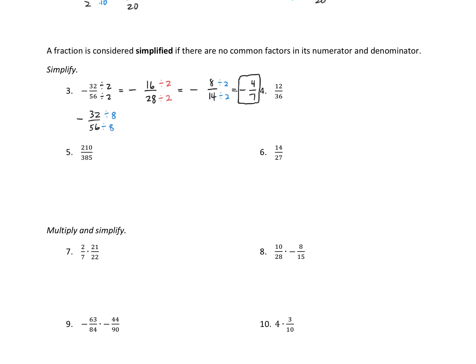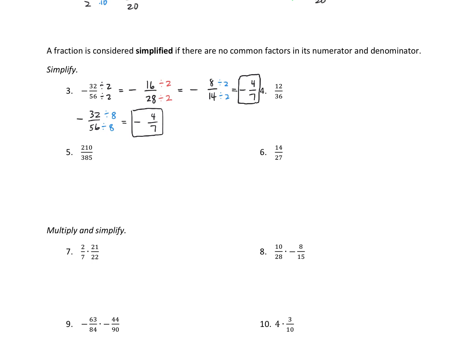So if I would have noticed that from the very beginning, 32 divided by 8 is 4, and 56 divided by 8 is 7, I would have arrived at my simplest form after one division, instead of having to do 3. So it doesn't matter which avenue you take, as long as you make sure that you get it to the final or simplest form at the end. So it may take you one division, it may take you several iterations of division, but keep going until it's in simplest form.